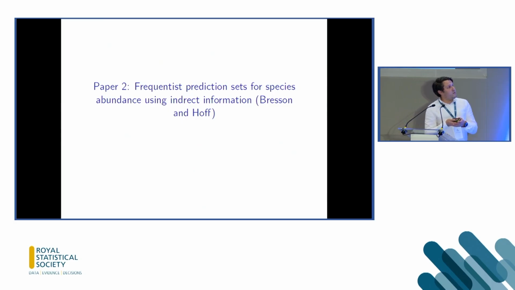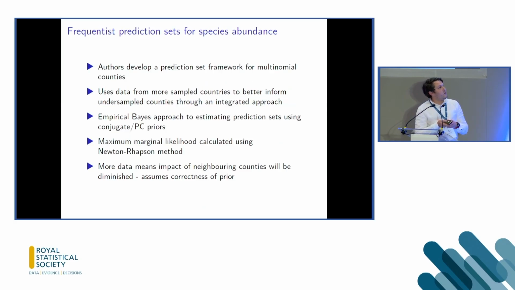The second paper, from Brighton and Hoff, developed a prediction set framework for multinomial counts across counties, and this allowed those counties that were sampled more regularly or at higher density to help inform counties where there might be less data being collected.